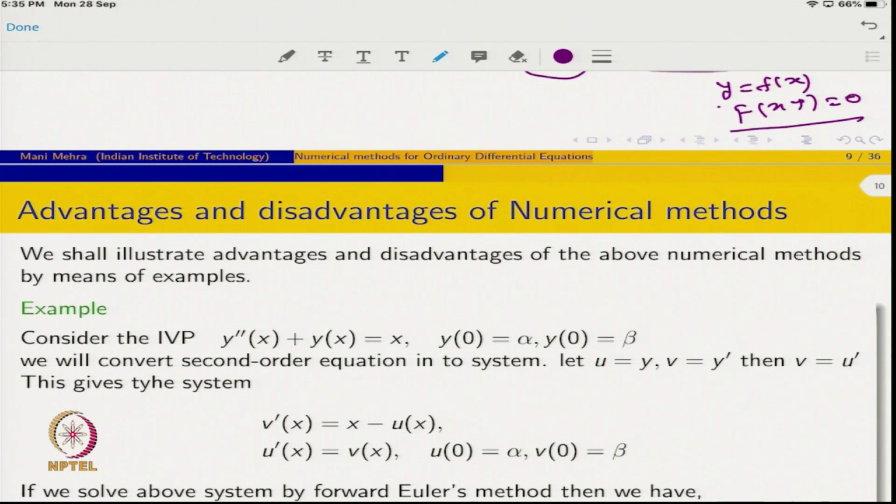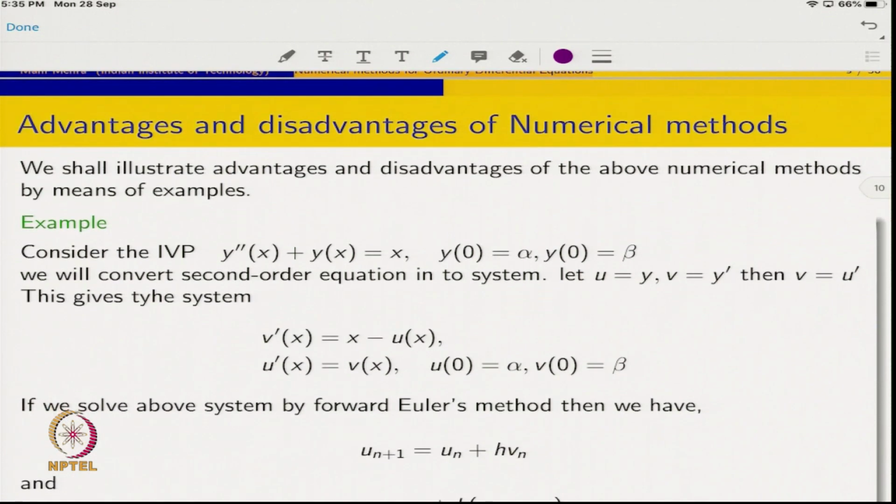By those examples you will understand what is the advantage and disadvantage of explicit and implicit methods. Now we are considering the following example, which is a second order differential equation together with two conditions.